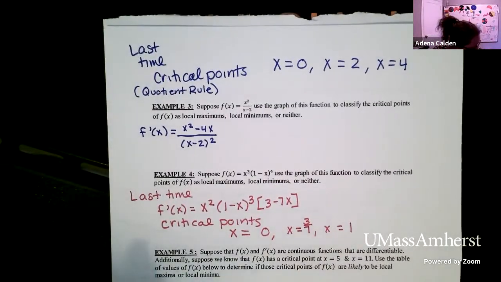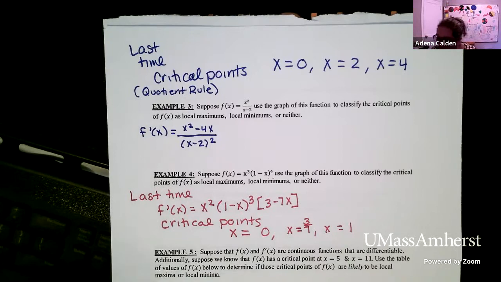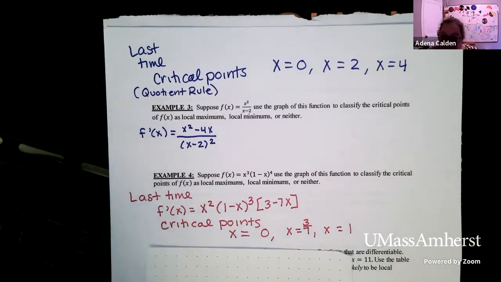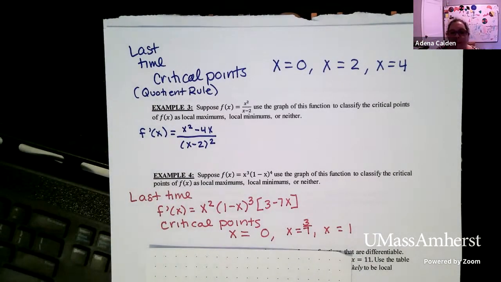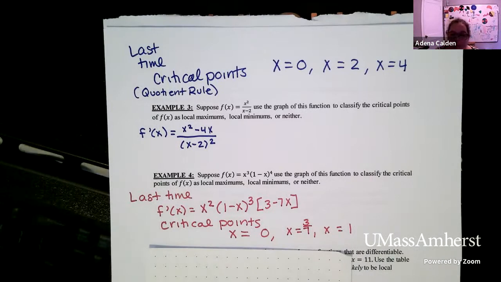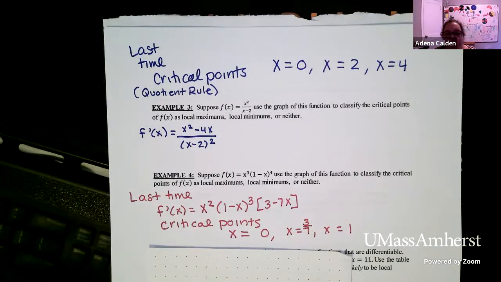So we're still building on the stuff that we had been working on. We are going to think about how we can use the graph of the two more complicated functions we worked on last time to help us classify our points.